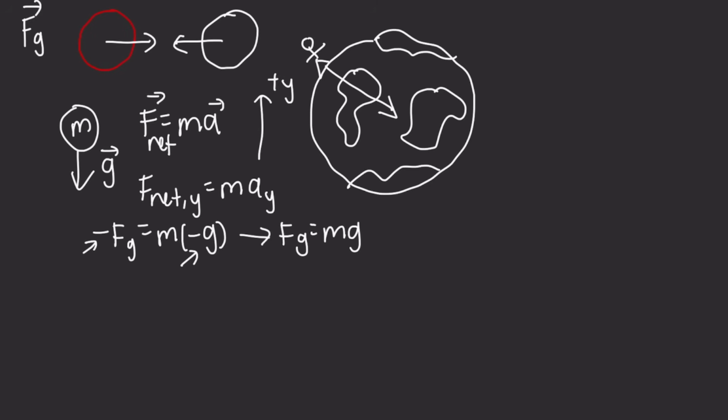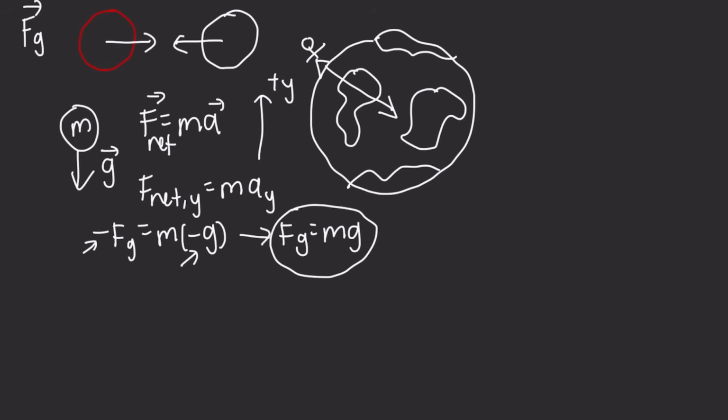Okay, so this equation over here tells us that the magnitude of the gravitational force is equal to the product mg, or at least in our case here. We'll talk about more specifics on how to calculate a gravitational force if the object is very far away from the Earth, but that will be coming up in a later lecture, so we don't have to worry about that now.